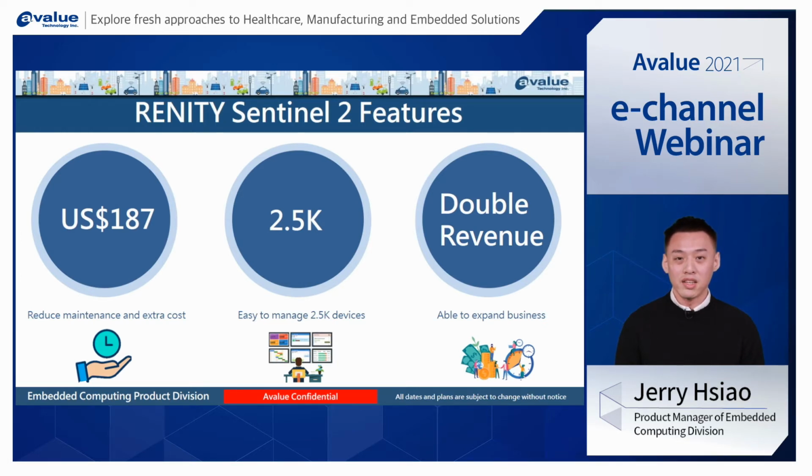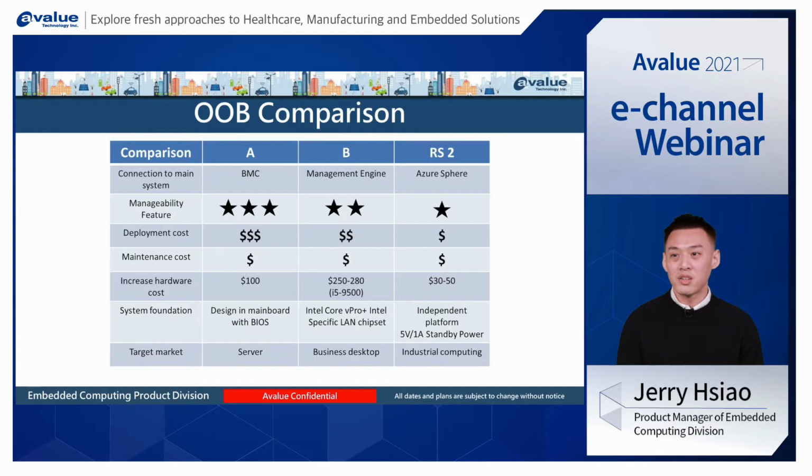And last but not least, with RENITY Sentinel 2, we can solve the problem of maintenance cost and device management, and we can have more time to expand our business for more projects and win more revenue.